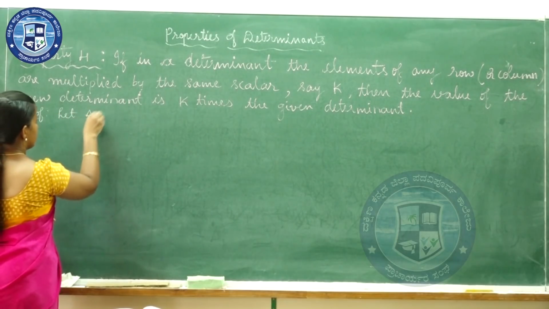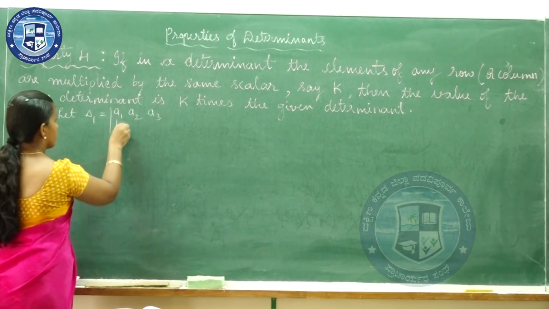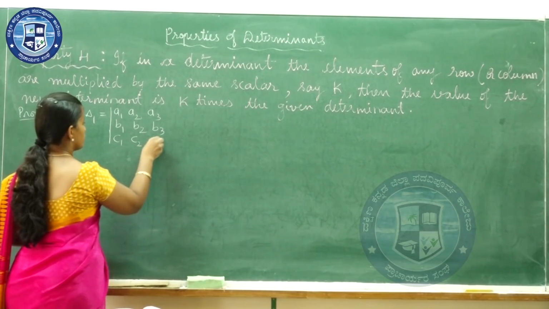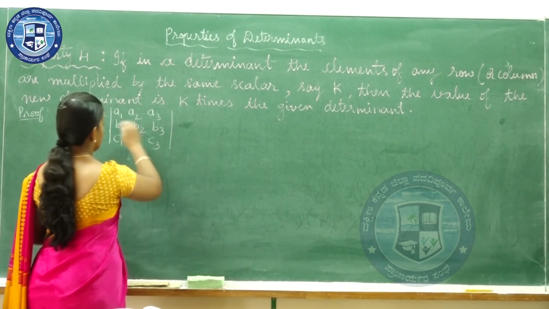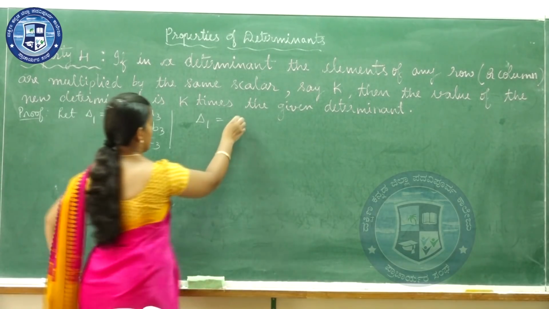Let delta 1 be equal to A1, A2, A3, B1, B2, B3, C1, C2, C3. So if you expand the determinant delta 1, what do you get?